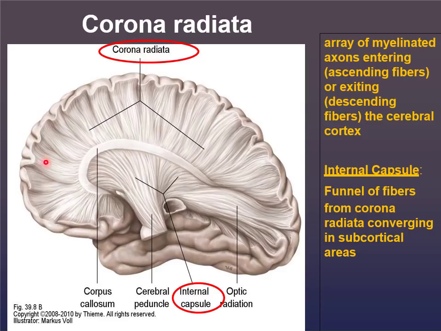If we look at a dissected specimen from a lateral view, we can see axons, myelinated axons that form the corona radiata.